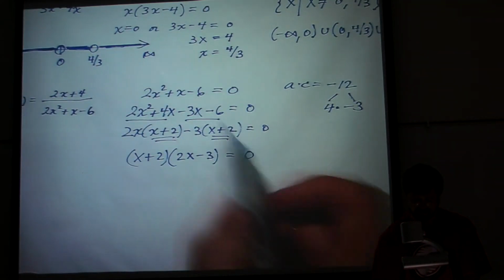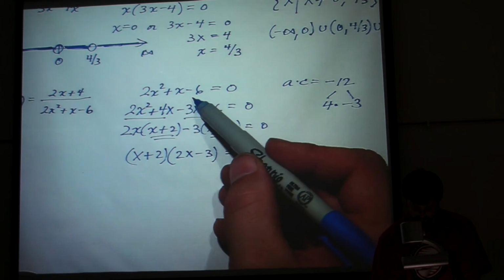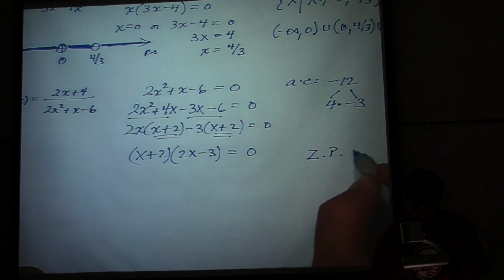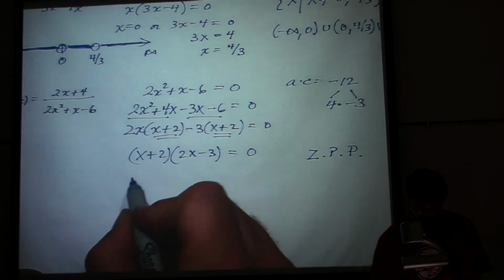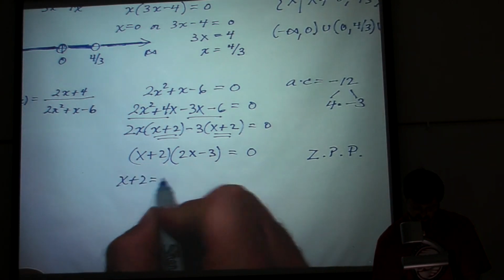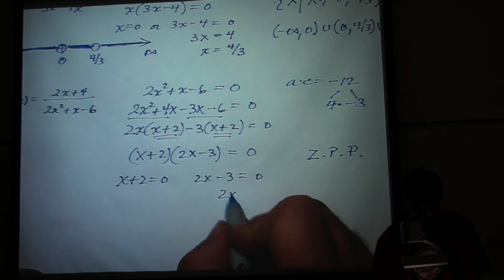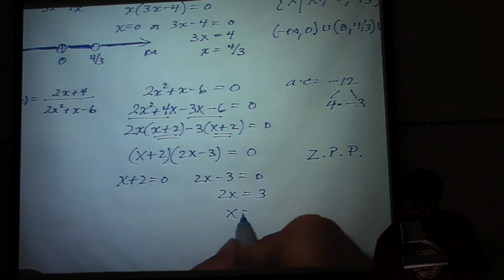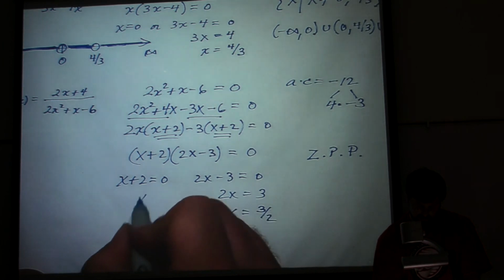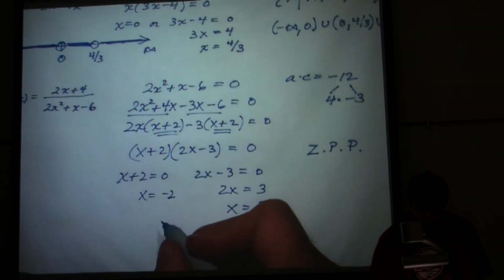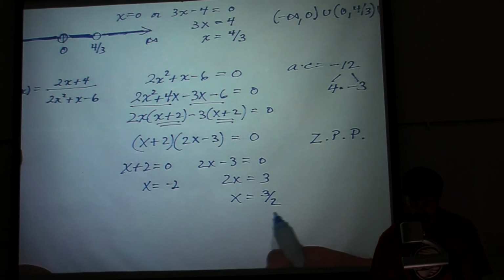So that is the factorization of this. Once I have the factors, I use zero product property, which I like to call ZPP. I set each factor equal to 0 to find the solutions to this equation. So I will get 2x equals 3, x equals 3/2, x equals negative 2. So my solutions to this are negative 2 and 3/2.